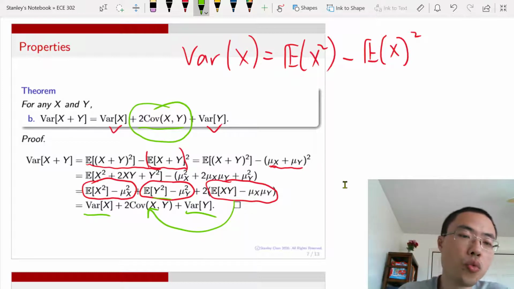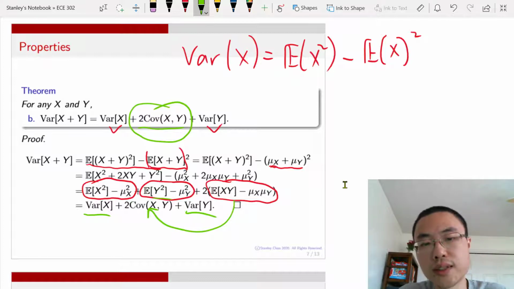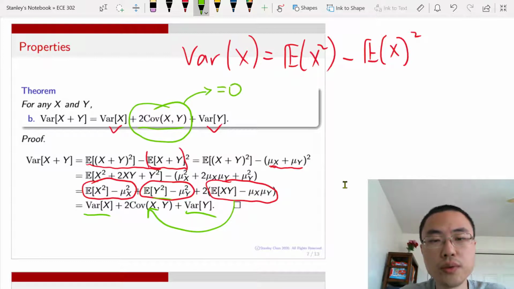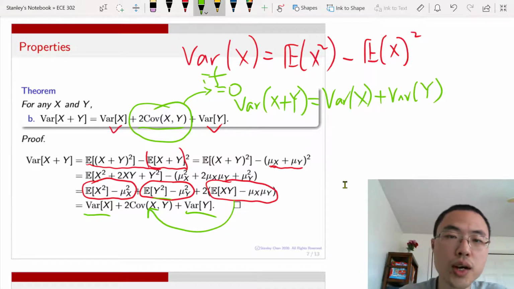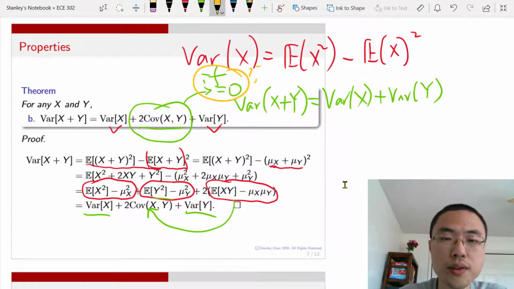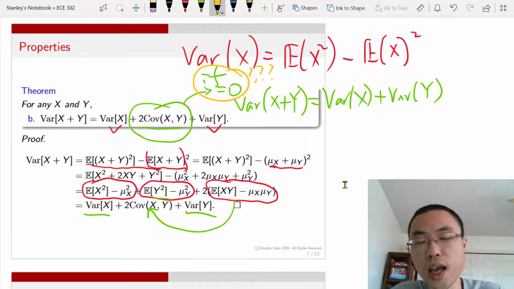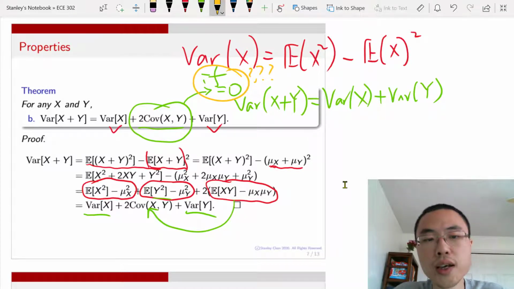Now you may wonder, when can I have this variance of x plus y equal to variance of x plus variance of y? This will happen when this equals 0. Okay, if this is 0, then variance of x plus y would equal variance of x plus variance of y. Then of course we will ask, when can this happen? How can this ever happen? This happens when the 2 random variables are uncorrelated.